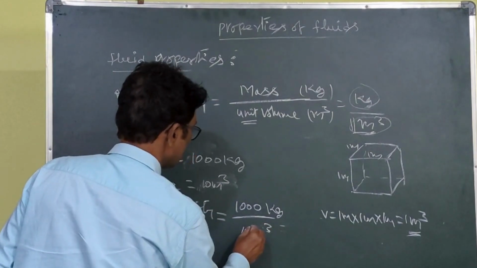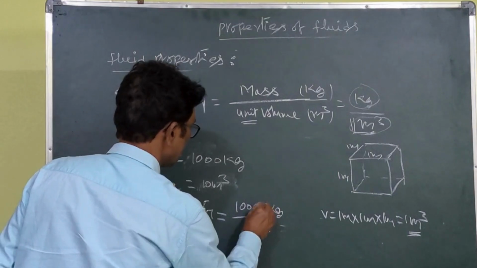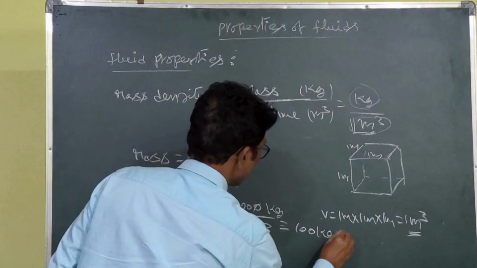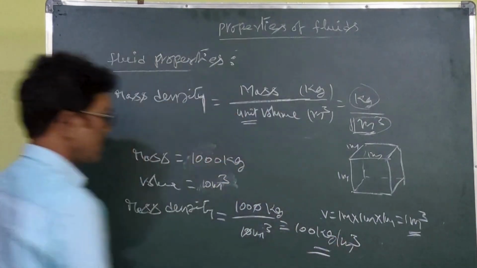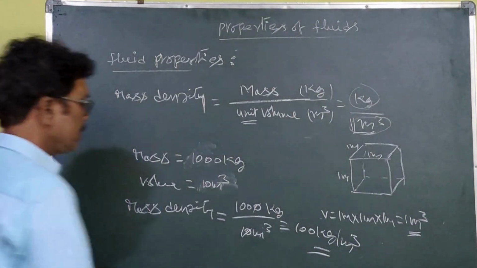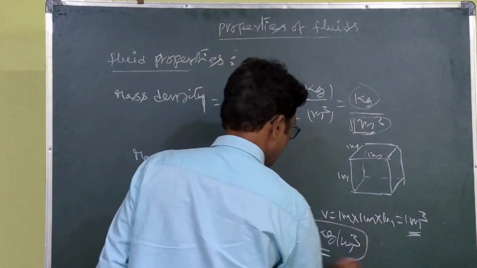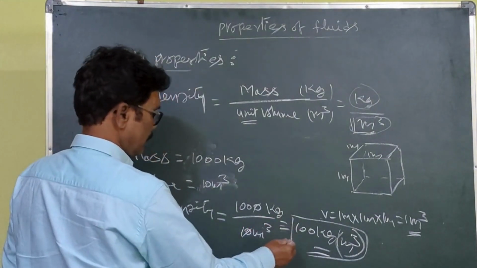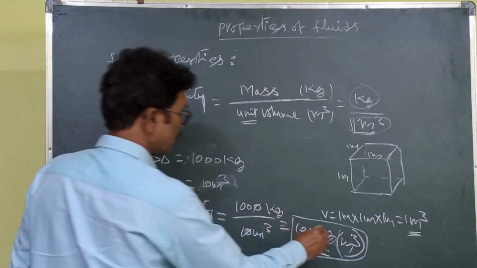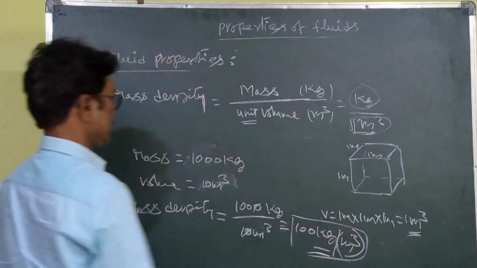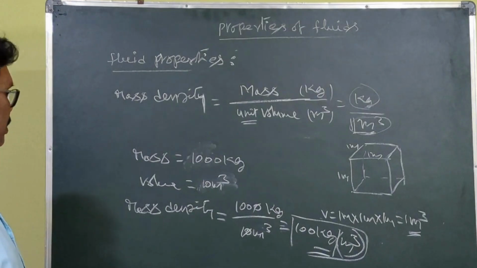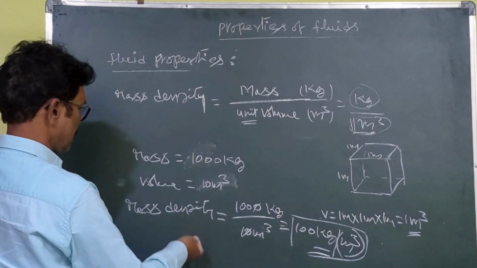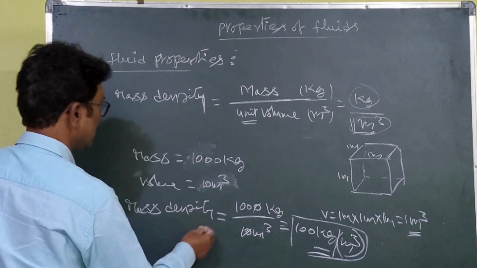So you cancel this one, and this is equal to 100 kg per meter cube. So in this case, what we can understand is that in 1 meter cube of volume, that fluid's 100 kg mass can be accommodated. That is the meaning.